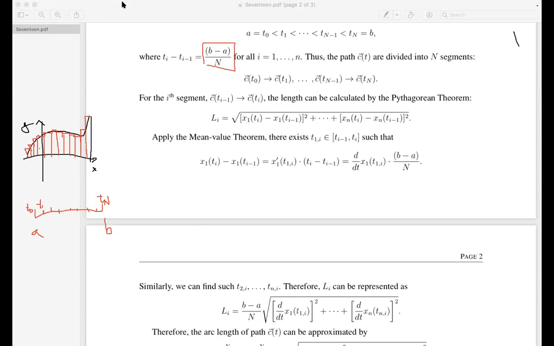And then when calculating the length of this segment, we use the Pythagorean theorem. So this is the length of each segment. Let's go back to our graph.